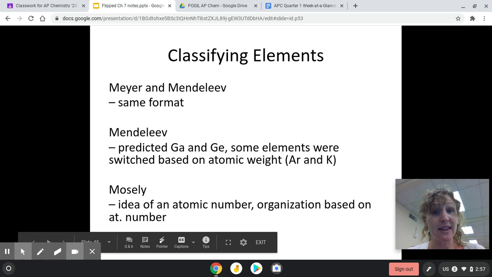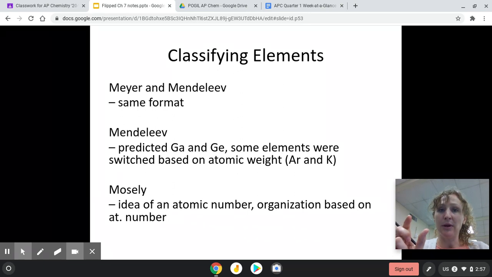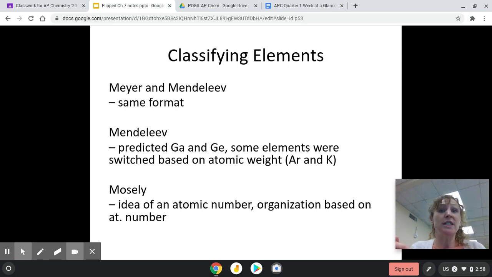We talked about a couple of these guys last year in chemistry. So Meyer and Mendeleev, they both proposed a periodic table with the same format. Mendeleev actually took that format, though, and predicted properties, left spaces in the periodic table, and he predicted the properties of the elements that would someday be discovered and fill those spaces, which was pretty amazing.